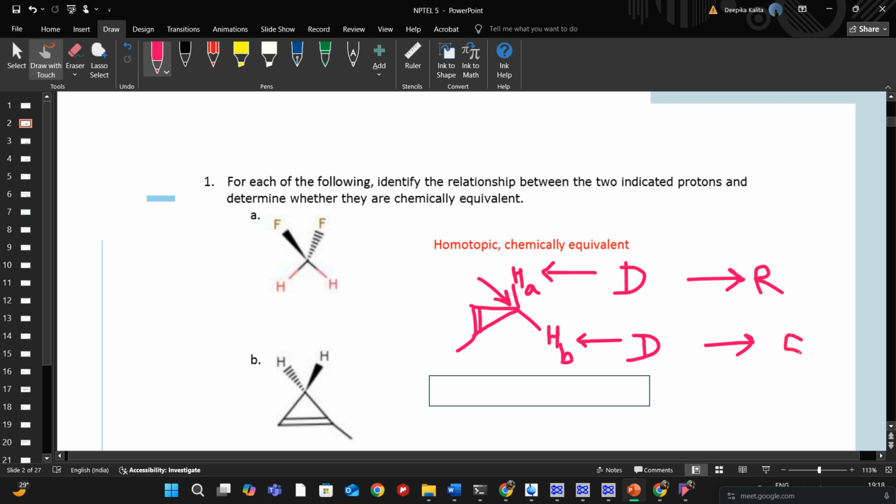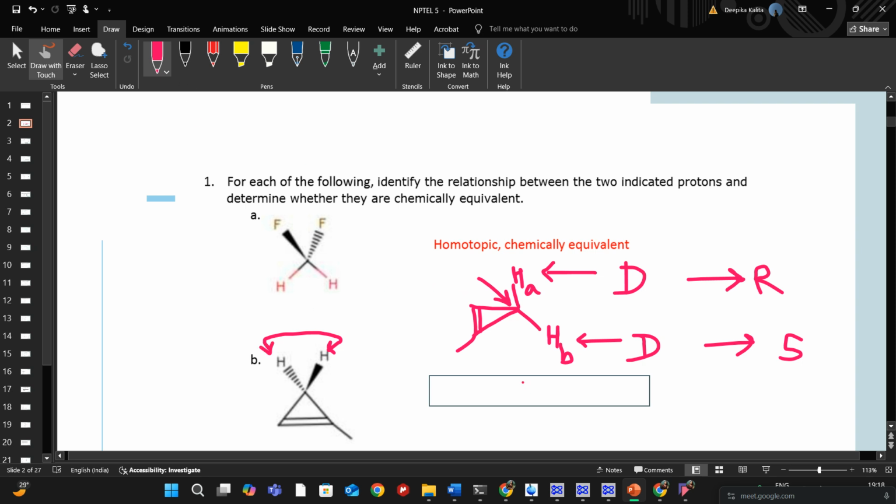If it was initially R, this time it is going to be S, because these two are in exactly opposite faces. Hence, we can conclude that replacement of any of these protons is going to give us a pair of enantiomers.